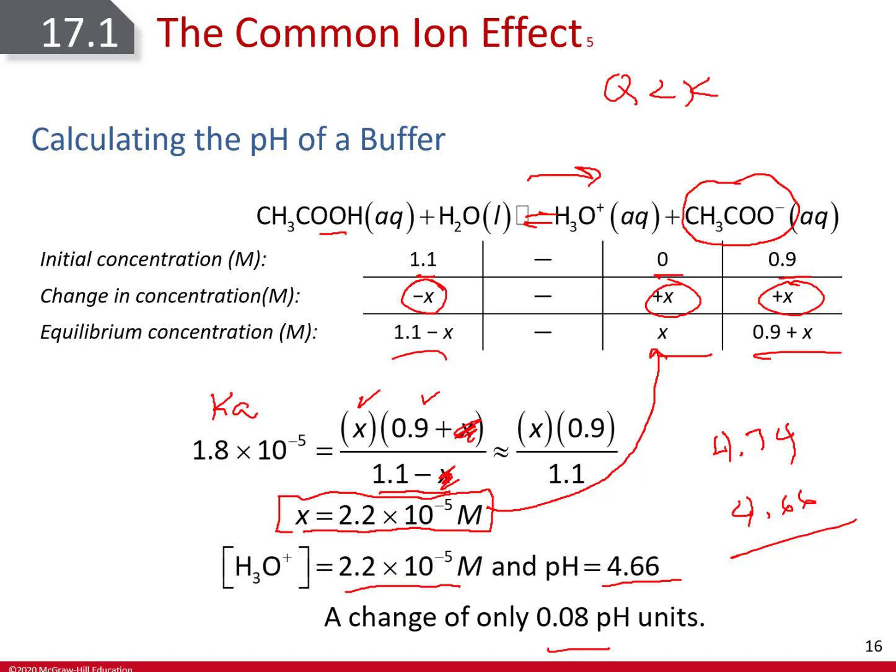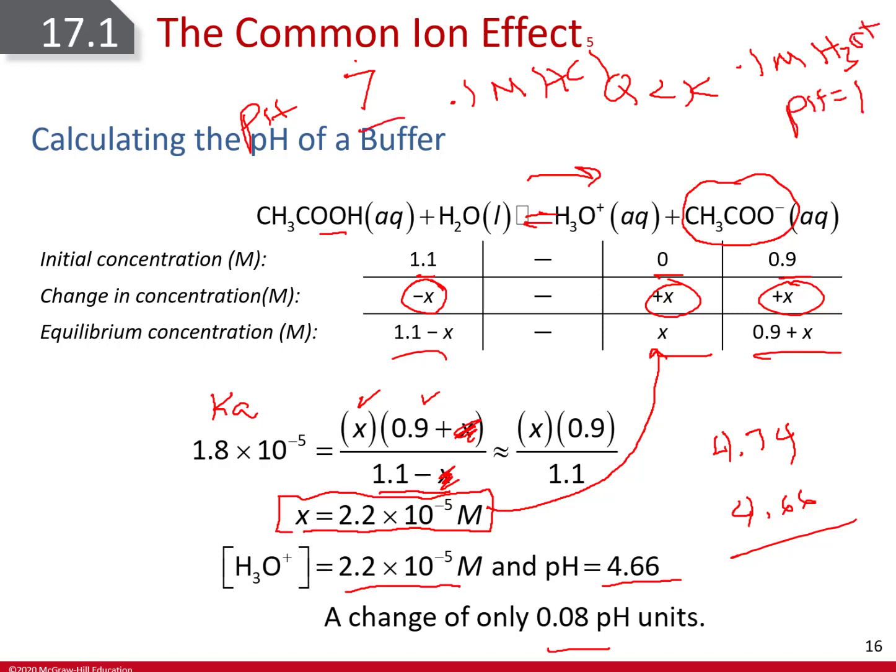Now, compare that to water that's at pH 7, and then I add 0.1 molar hydrochloric acid, and that makes the concentration 0.1 molar in the hydronium ion. The pH drops to 1.